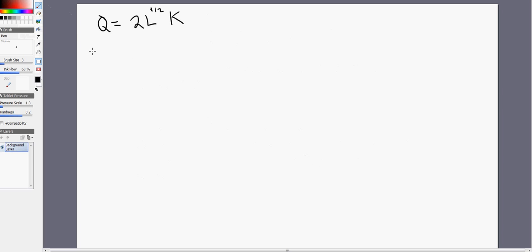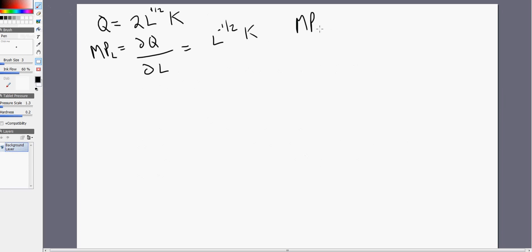The way we're going to do this is we're going to get the marginal product of labor, which will be given by this expression. Bring down the 1/2 in front so the 2 disappears, and then 1/2 minus 1 leaves us L raised to the -1/2 power. We just got K hanging around for the ride.